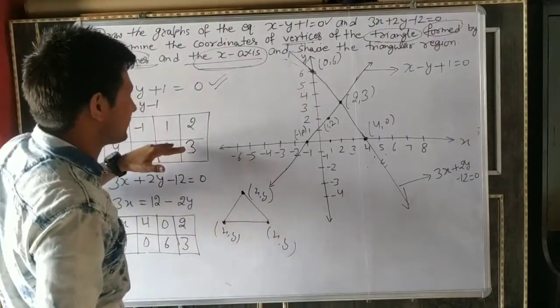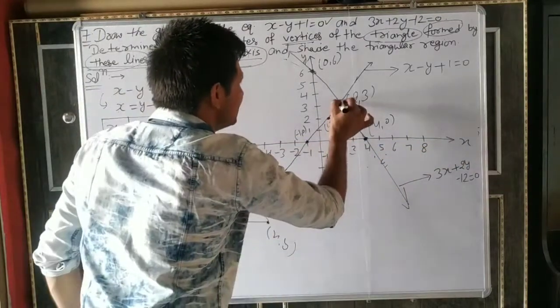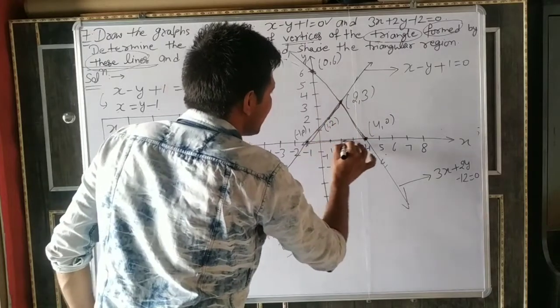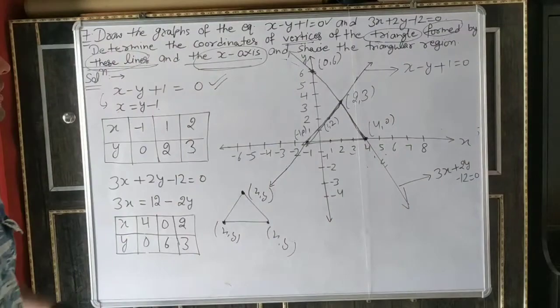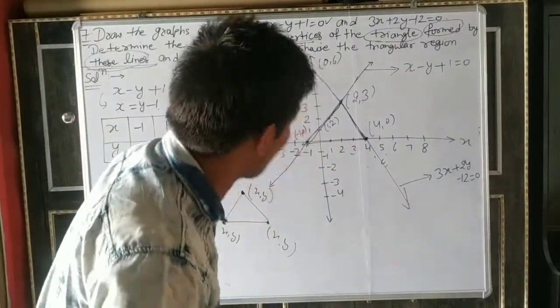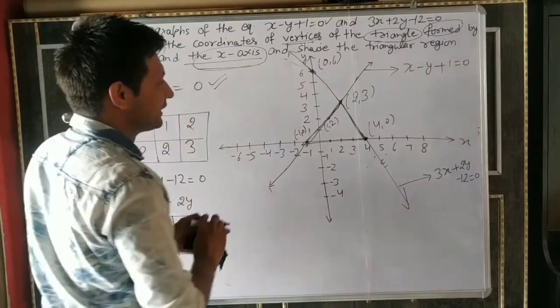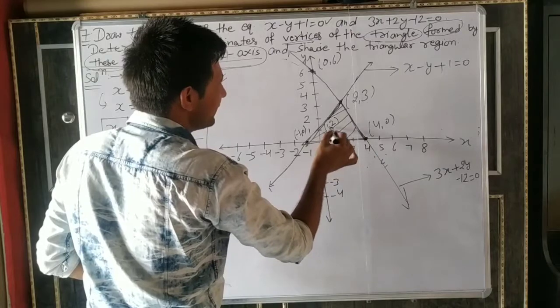So we observe that there is the x-axis, and there are the two lines, one this one, one this one. So it is a triangle. Understand? And shade the triangular region. You have to shade it like this one.